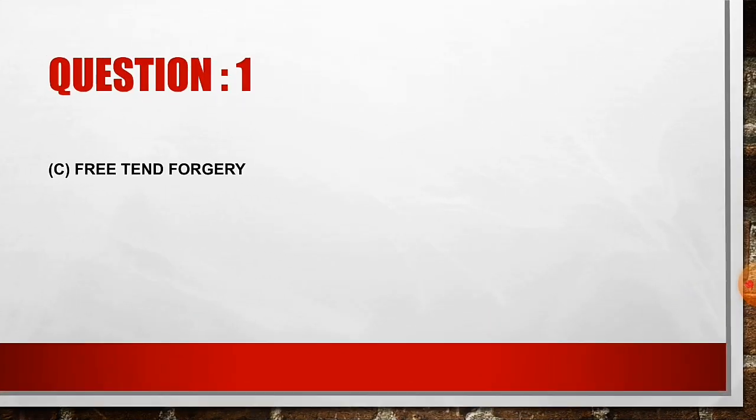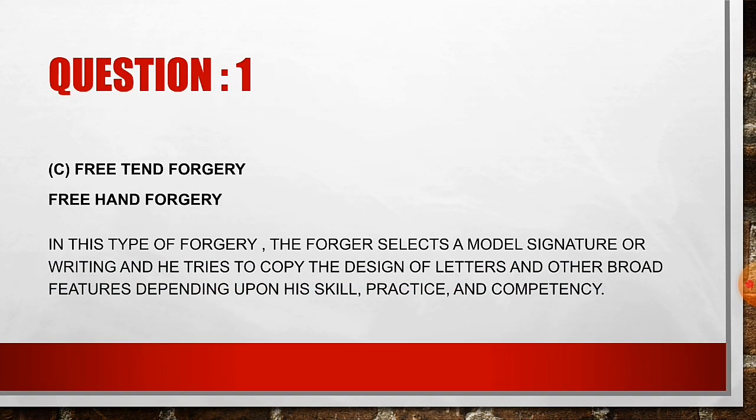Now, let us see our third option, that was freehand forgery. Here, actually the name freehand forgery is there, but there is no term like freehand forgery present in the option. But we'll discuss freehand forgery.